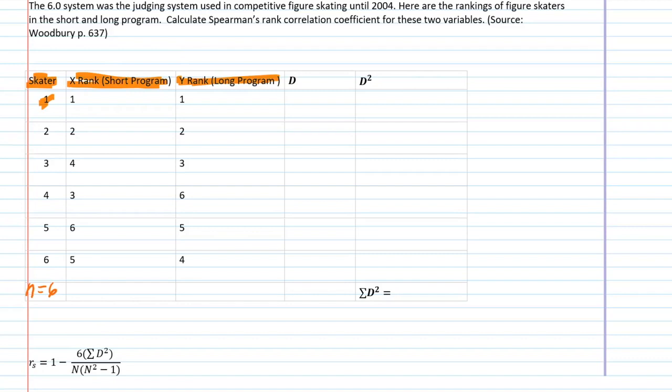So it would be 0, and then 0 again, 1, -3, just 1, and 1. Convenient. When I square, it is 0, 0, 1, 9, 1, and 1. When I add those, the sum of the differences squared is going to be 12.